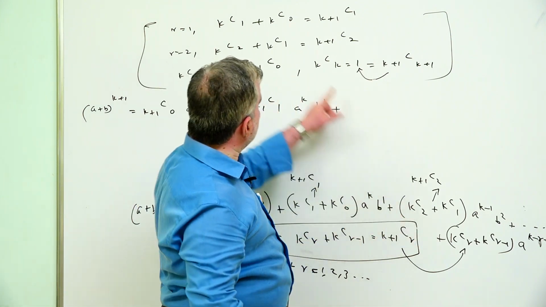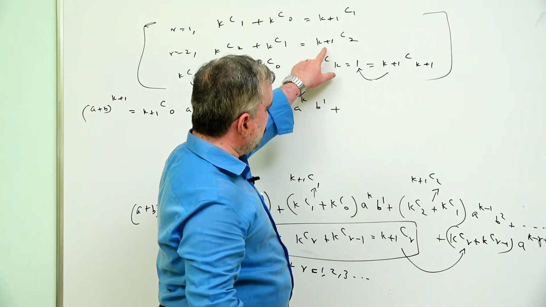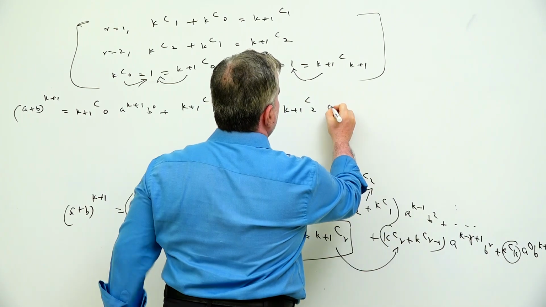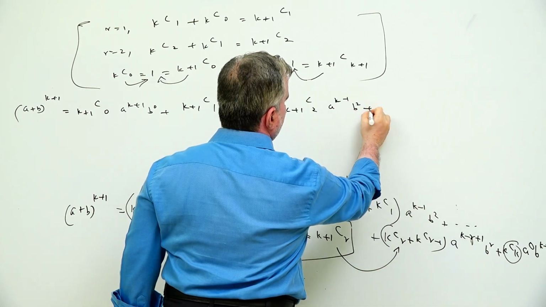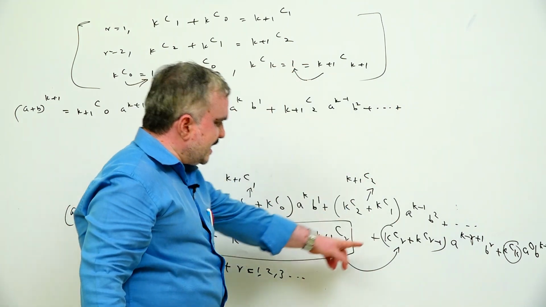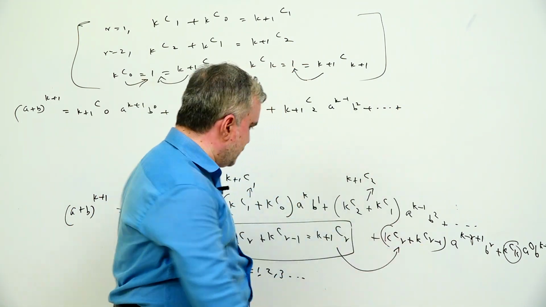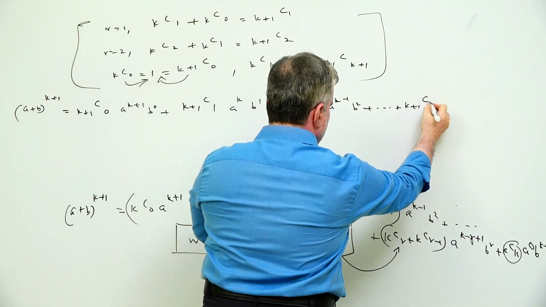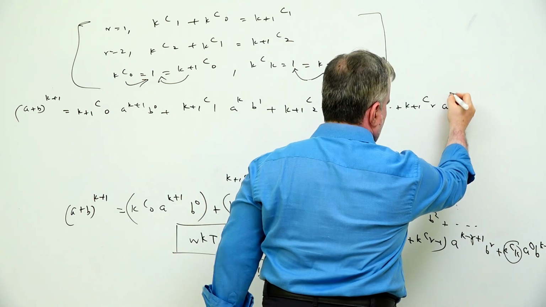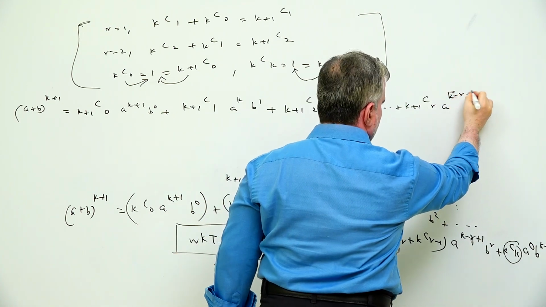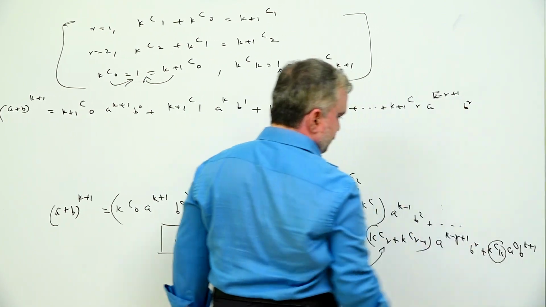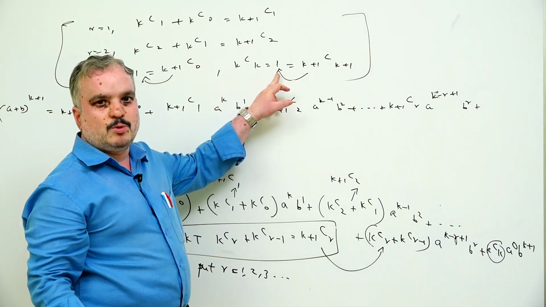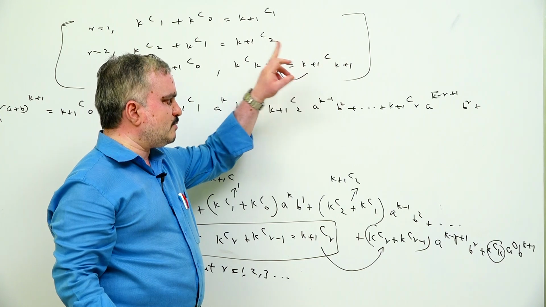The value of kc2 plus kc1 is k plus 1 c2 into a power k minus 1 b square, plus dot dot dot. Here kcr plus kcr minus 1, we use the identity, k plus 1 cr into a power k minus r plus 1 b power r, plus kck. You know that kck value is 1, k plus 1 c k plus 1 value is also 1.